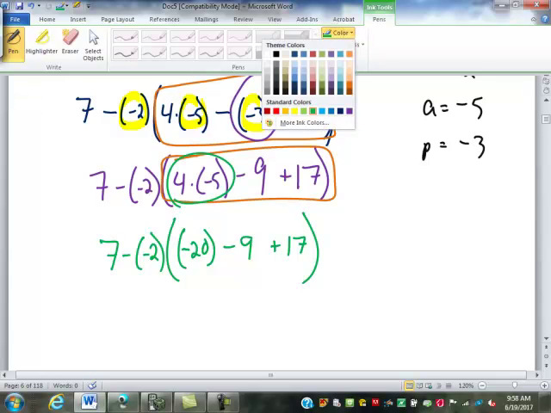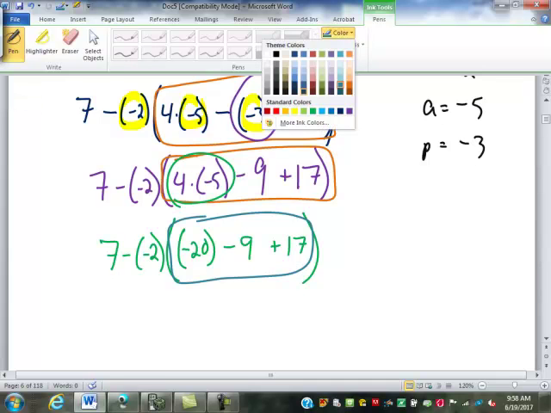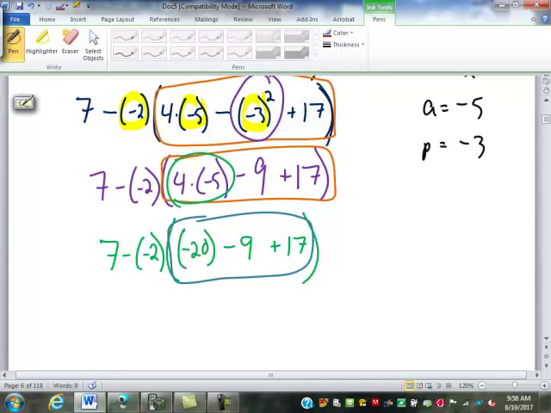What's next? Yeah, we're still working inside that box. And we are going to add and subtract left to right. So negative 20 minus 9, negative 29.